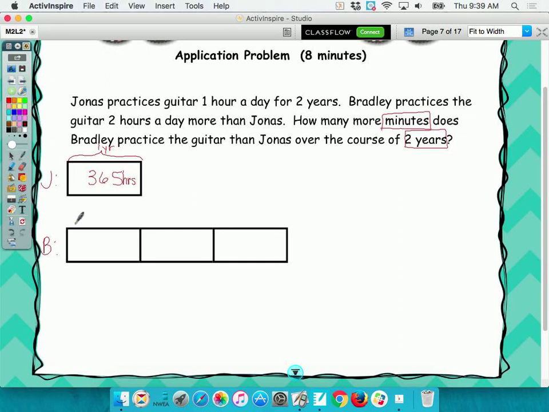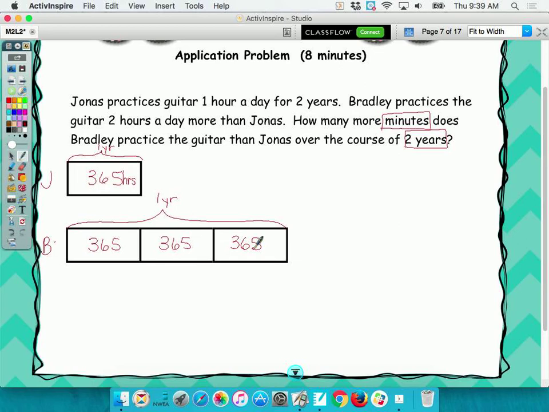Bradley, over the course of 1 year, practices 2 hours a day more. So a total of how many hours a day? 3 hours a day. And we haven't figured it out yet, have we?